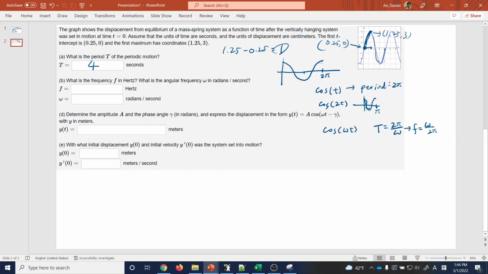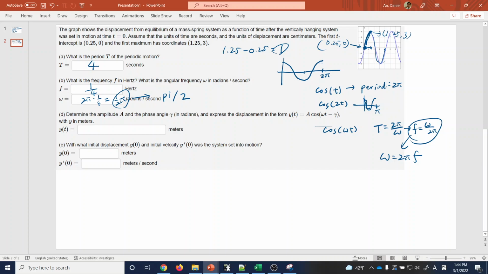And because frequency is the reciprocal of the period, it must be 1/4. Then we can use the formula omega equals 2 pi times f. Since f is 1/4, you end up with 2 pi times 1/4, which is 1/2 pi. In WebWork, it's easier to just write this as pi divided by 2. It's going to accept this as the answer.